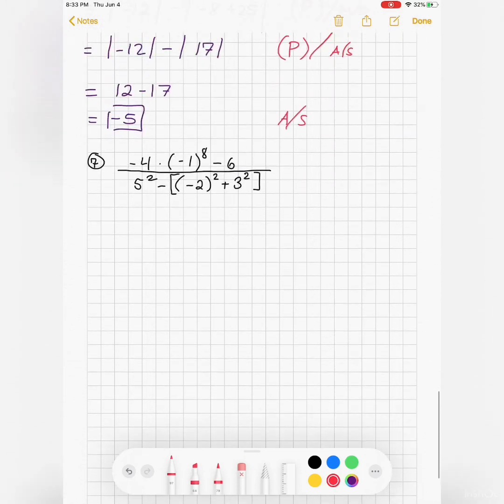Okay, it's our last one. Let's work inside the brackets there on the bottom.